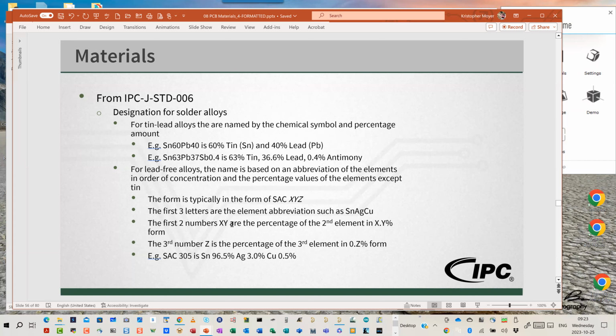The first two numbers, XY, are the percentage of the second element in X dot Y form, and the third number Z is the percentage of the third element in 0.Z form. So as an example, SAC305 is 96.5% tin, 3.0, so the 30 is 3.0% silver, and the 5 there gives us 0.5% copper. We add those two together, subtract from 100, and the remainder is our tin right here.